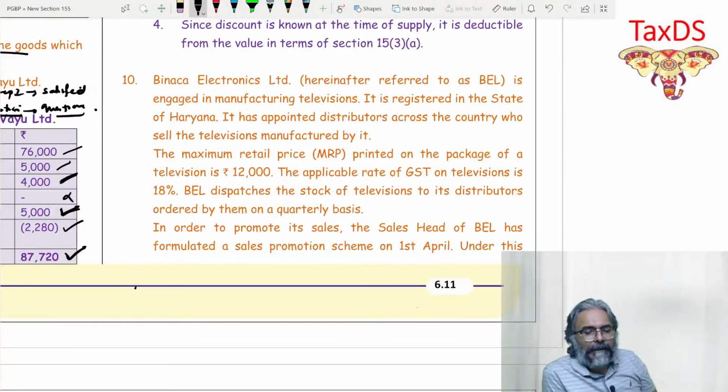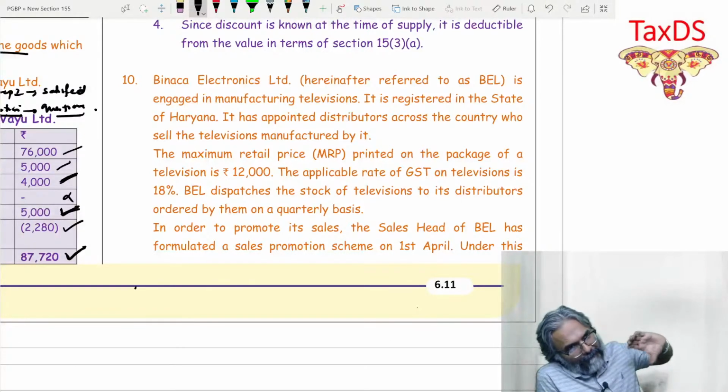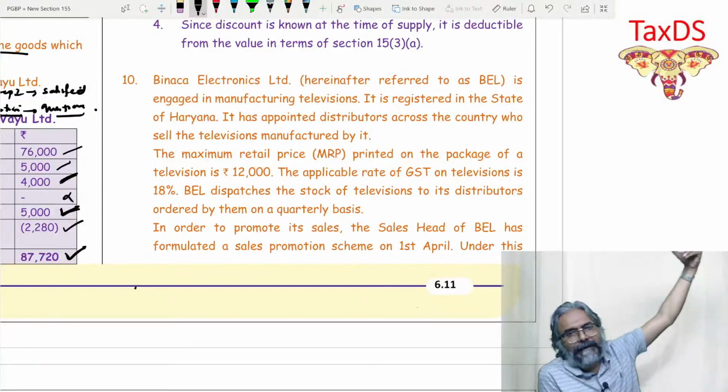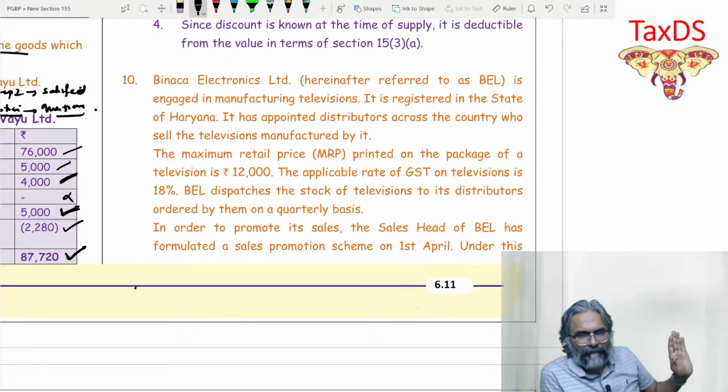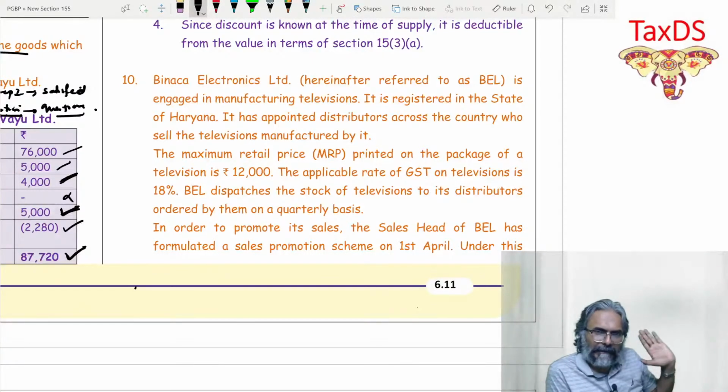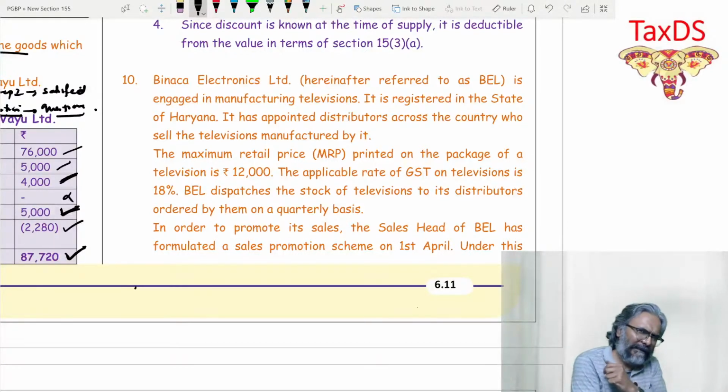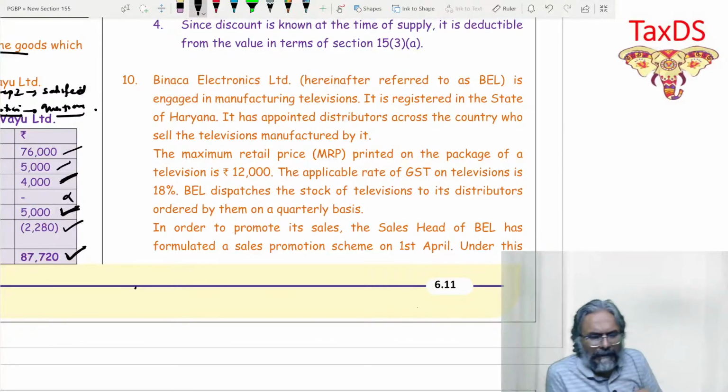BEL dispatches the stock of television to its distributors, ordered by them on a quarterly basis. So every quarter they will take the requirement, and that is what they will dispatch to all the distributors. Let the distributor make the sale, isn't it?